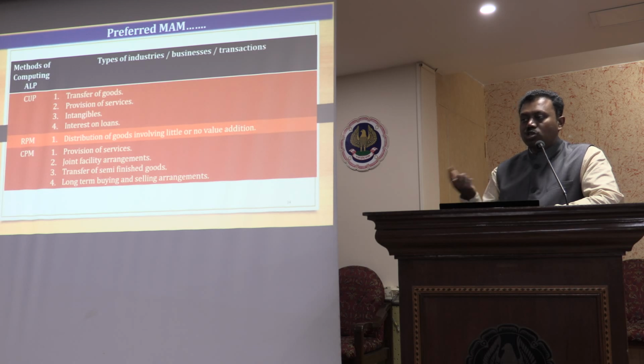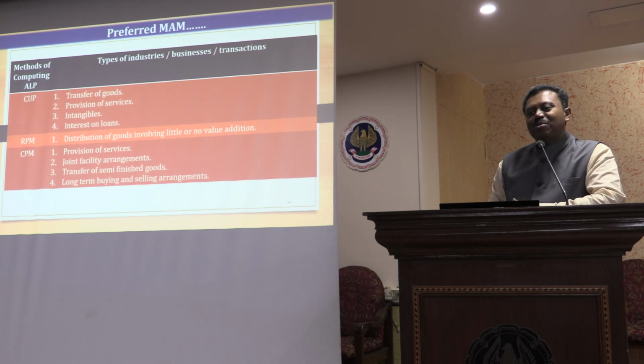Resale price: for distribution business of goods, RPM we can use. CPM, cost plus: services. Provision of service is allowed, and joint facility arrangements where we are sharing rent. Transfer of semi-finished goods, I can use cost plus. Long-term buying and selling arrangements for semi-finished goods, cost plus, because the final price I am not able to get. So in these cases, CPM is allowed.